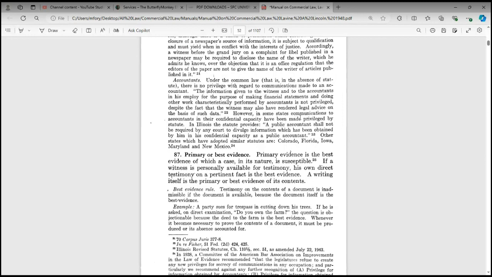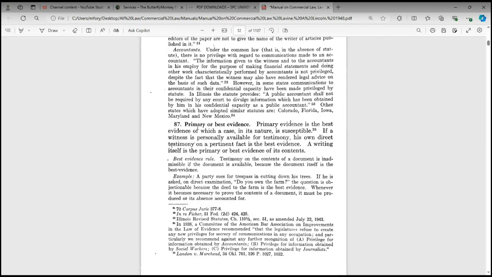However, in some states, communications to accountants in their confidential capacity have been made privileged by statute. In Illinois, the statute provides a public accountant shall not be required by any court to divulge information which has been obtained by him in his confidential capacity as a public accountant.